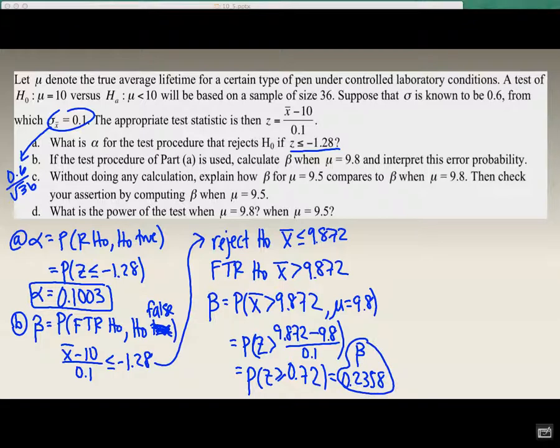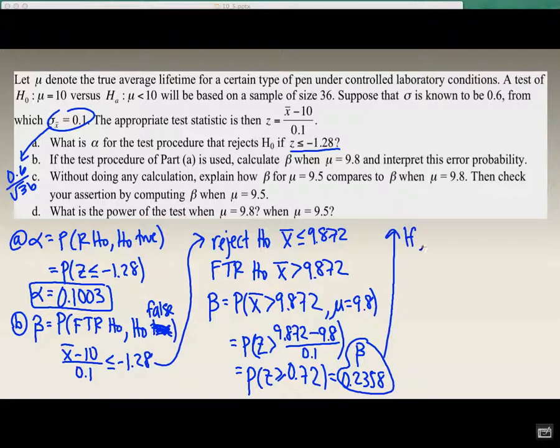Okay, and then it asks you to interpret this probability. I don't want you to just say this is the probability of a type 2 error. I want you to give a little bit more information than this. This is the probability of failing to reject the null when the null is false.